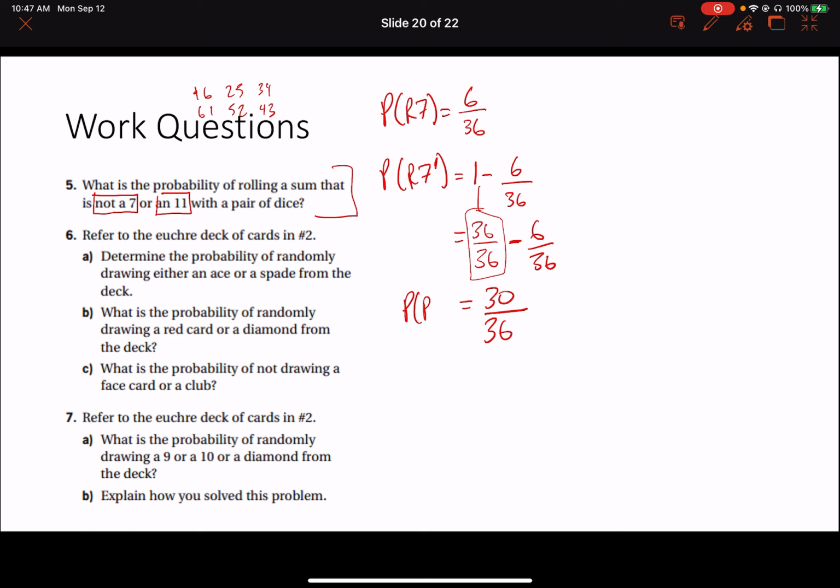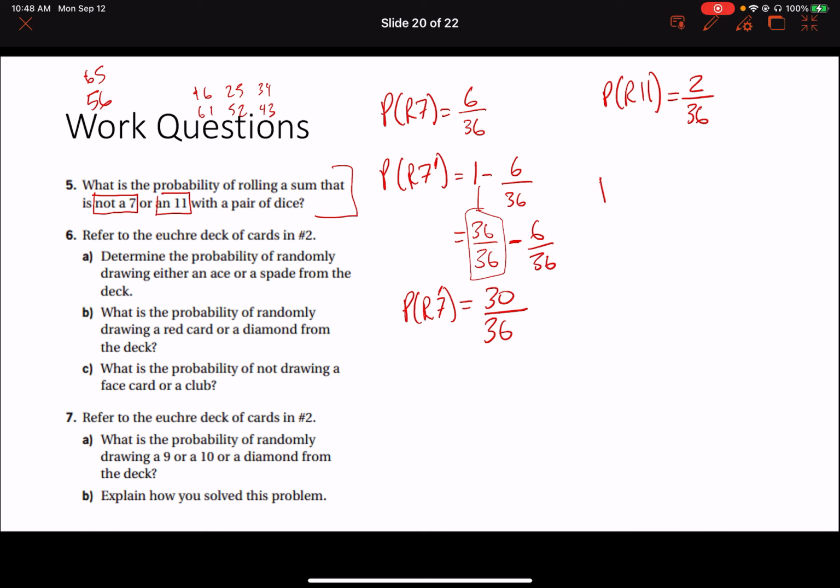So the probability that it's not a 7 is 30 over 36. What's the probability that it's 11? Well, there are two ways to get an 11, a 6 and 5, and 5 and 6. So the probability of rolling an 11 is equal to 2 over 36.